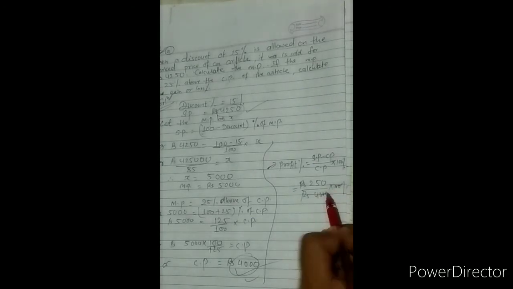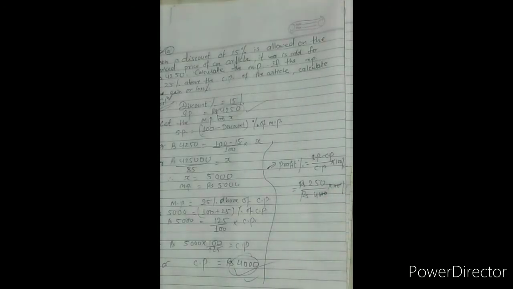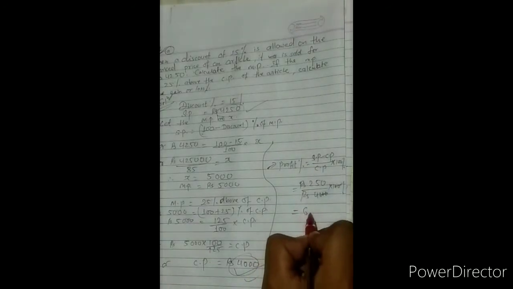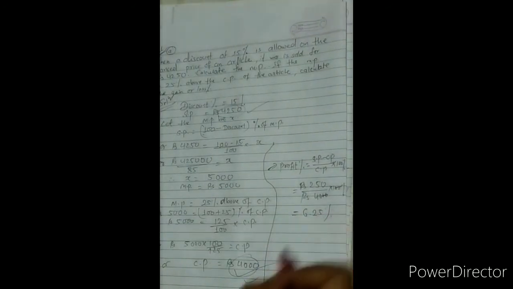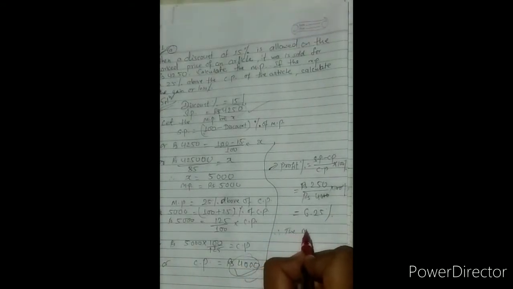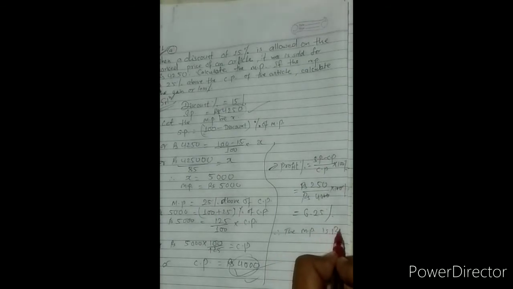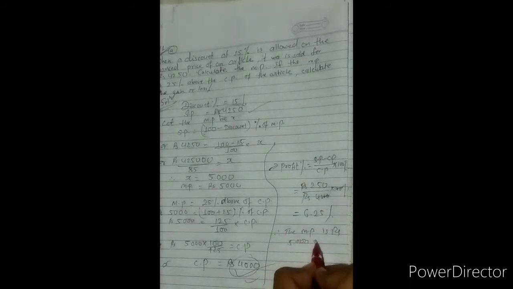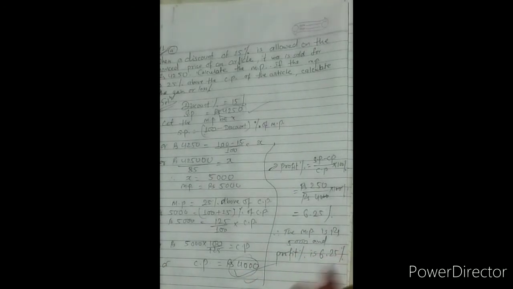The 0 and 0 can be cancelled. 250 divided by 40, here we get 6.25%. Therefore the MP is rupees 5000, and the profit percent is 6.25%.